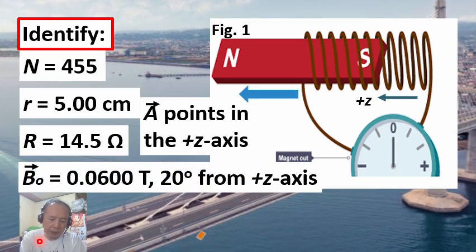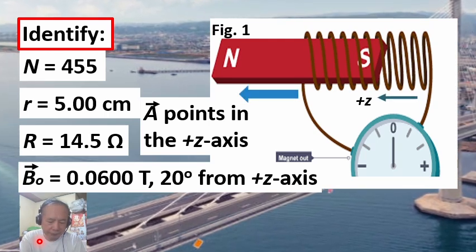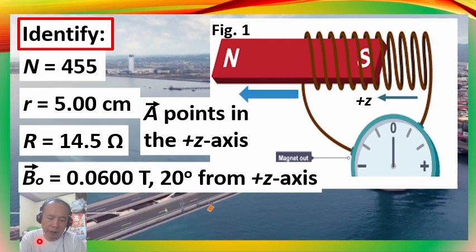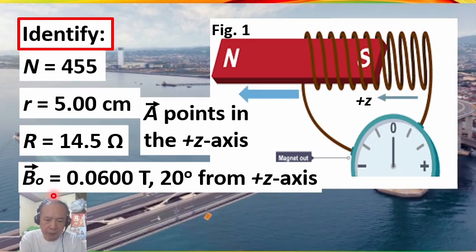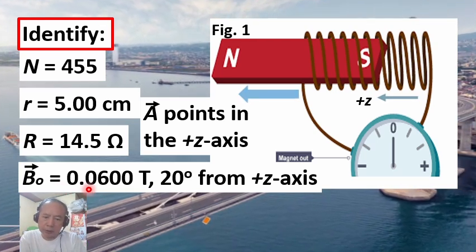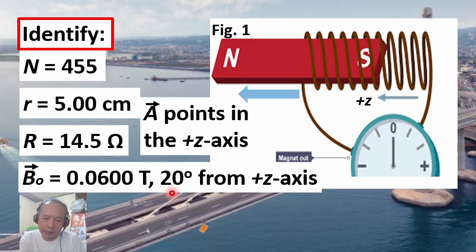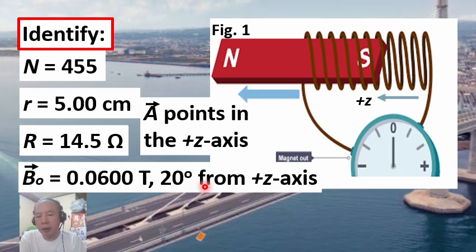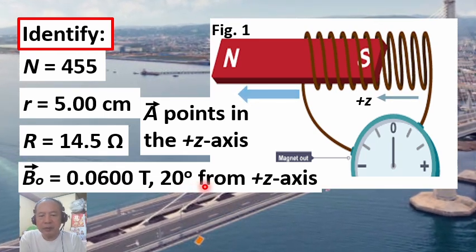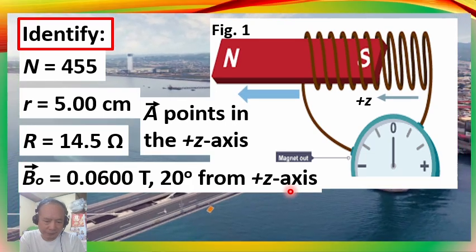The magnetic field initially, or its magnitude, is equal to 0.0600 Tesla, but it's a little bit deviated, 20 degrees from the positive z axis.